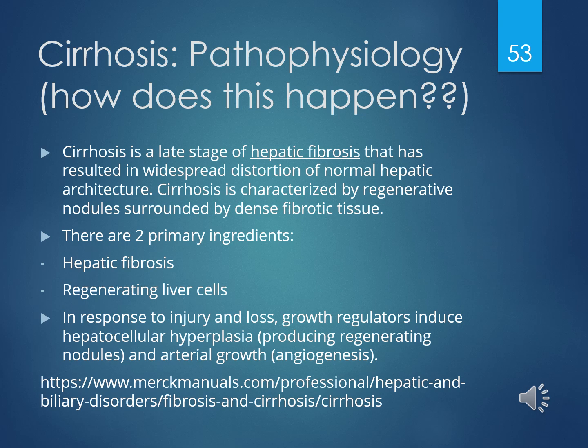There are two primary ingredients: hepatic fibrosis and regenerating liver cells. In response to injury and loss, growth regulators induce hepatocellular hyperplasia, that overgrowth, producing regenerating nodules, and also arterial growth, angiogenesis. Genesis means new, angio means vessels. We have the blood vessels and we have lymph vessels as well.